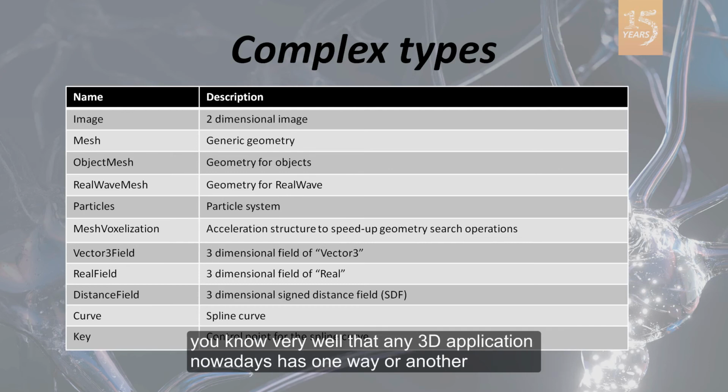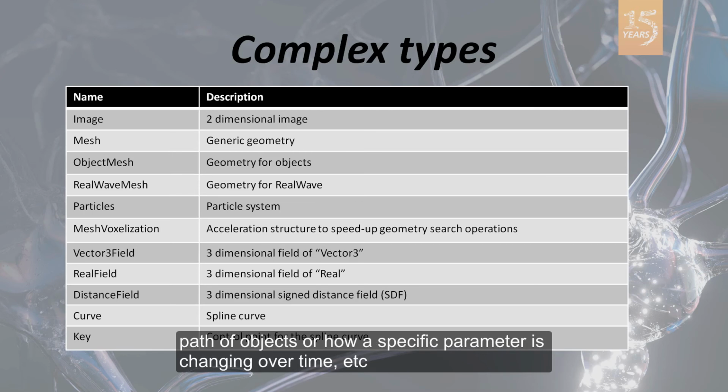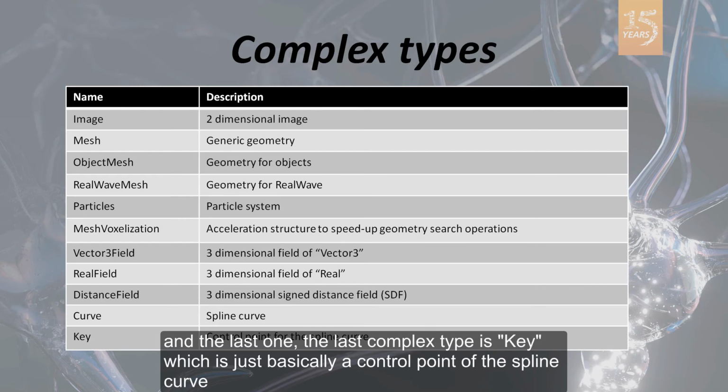You know very well that any 3D application nowadays has one way or another of dealing with these curves, and they can be used to define the path of an object or how a specific parameter is changing over time, etc. And the last complex type is the key, which is basically a control point of the spline curve.